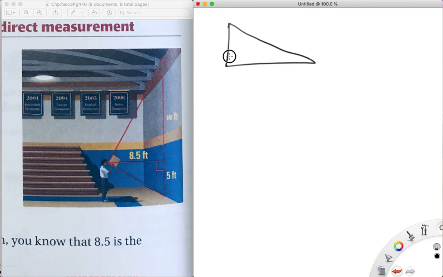This is the overall hypotenuse. If I draw the altitude, this is 5, this is W, and this is 8.5.